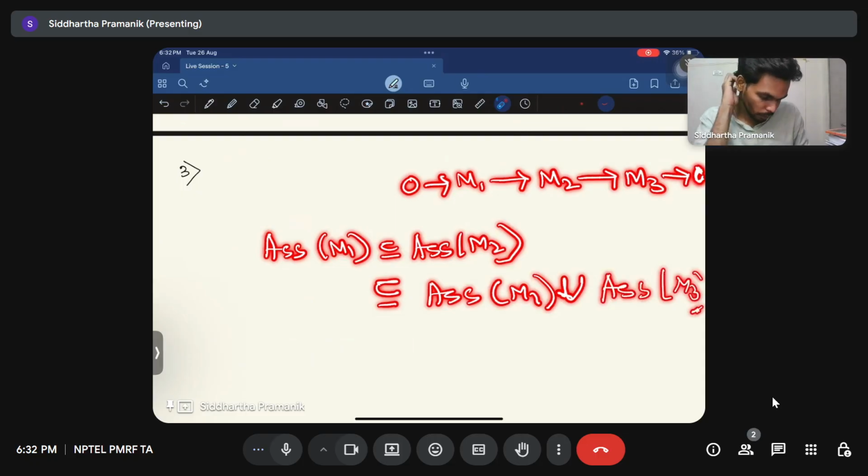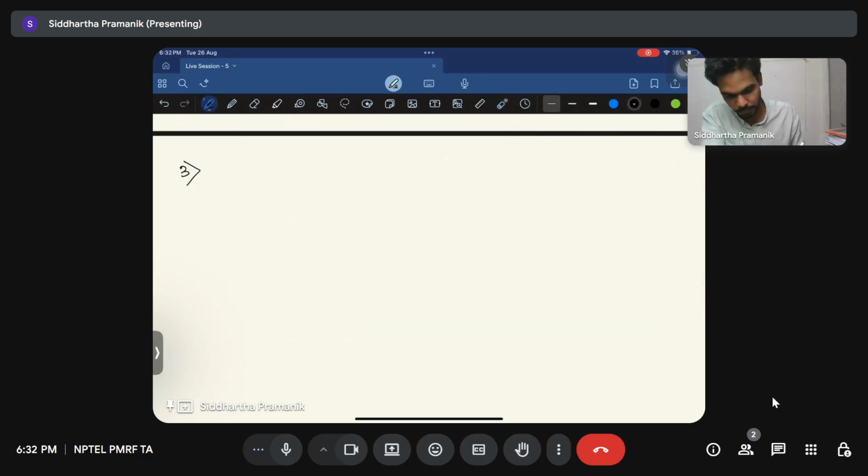So here we have subset equals to. Can we give an example where this is a proper subset? So let's write it down.